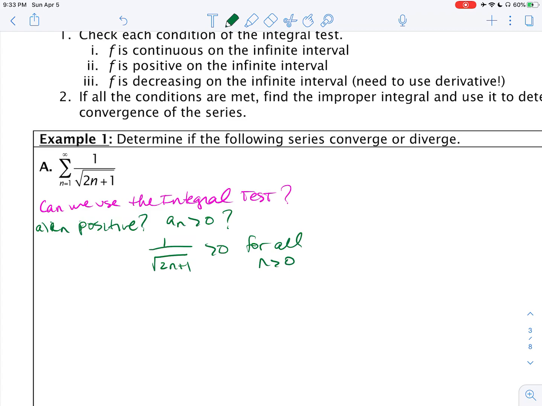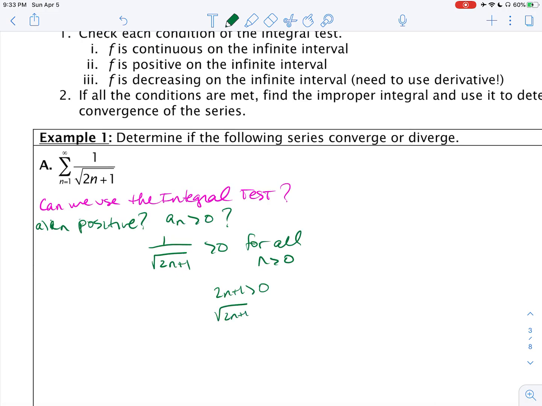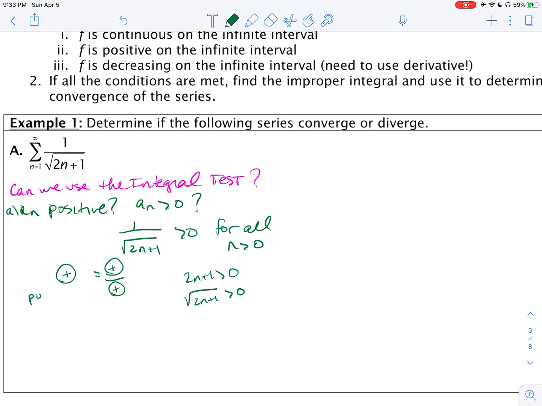We're only caring about the natural numbers starting with 1. And we clearly see that 2n plus 1 is bigger than 0 for n bigger than 0, so yes. And then we also have that this is equal to a positive number because 1 is positive, and square root of 2n plus 1 is positive, and so that is going to be bigger than 0.